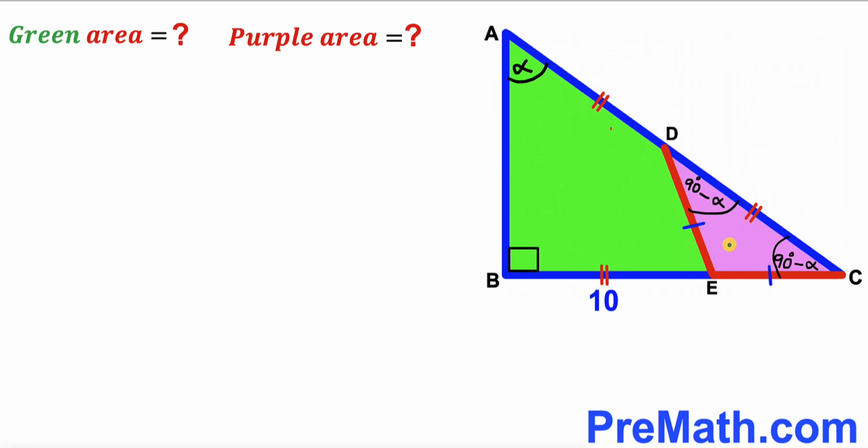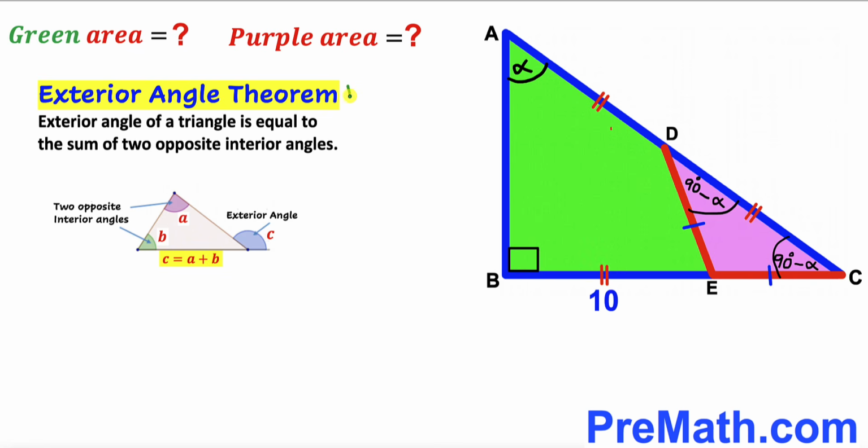And now we are going to focus on this purple shaded triangle CDE. We know this is an isosceles triangle, since this side length equals this side length. So therefore this angle has got to be equal to this angle. And now let's recall the exterior angle theorem.